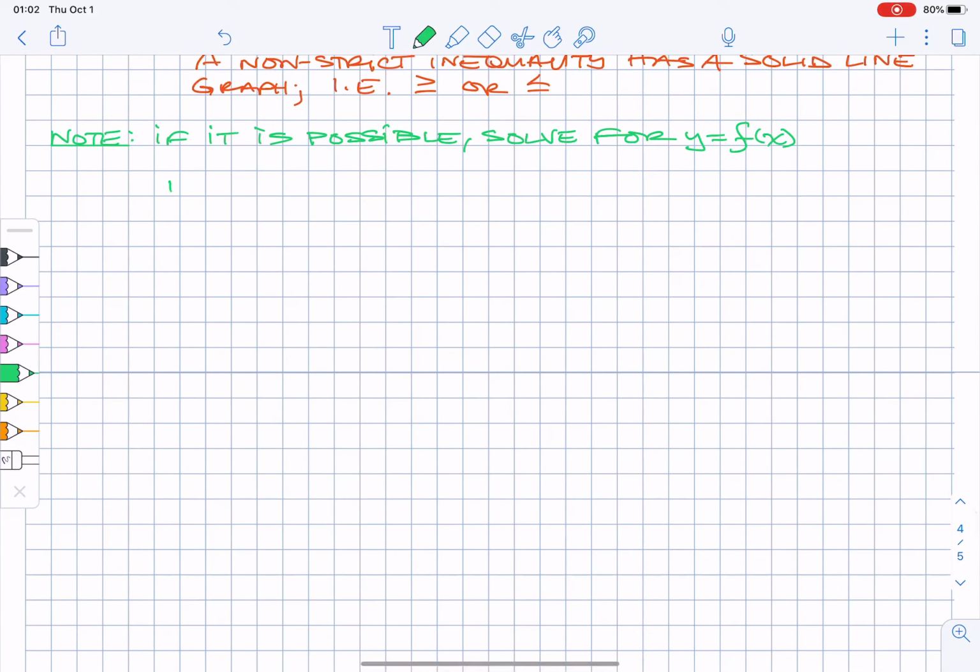Because if we have y is strictly larger than f of x, or actually, let me do it a different way, let me put greater than or equal to f of x, in both of these cases, we shade above the graph.